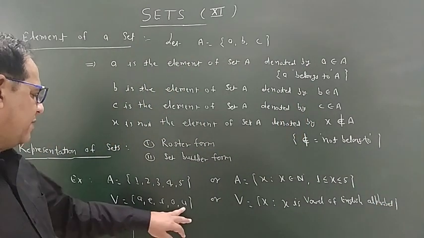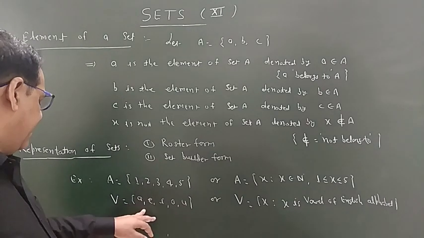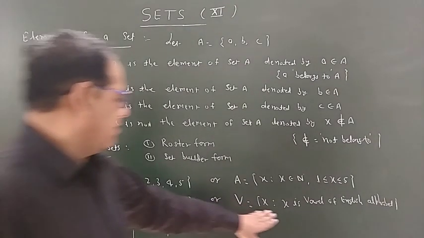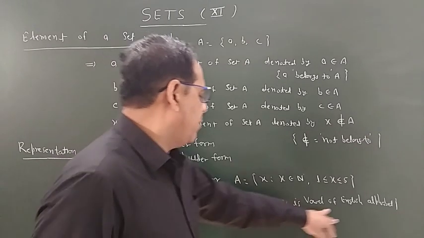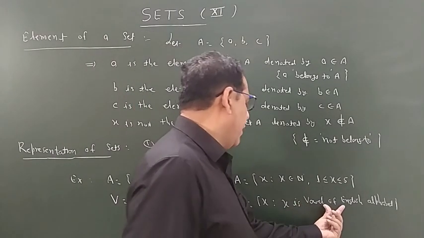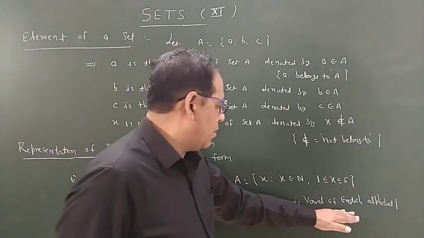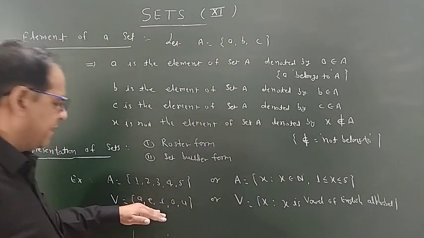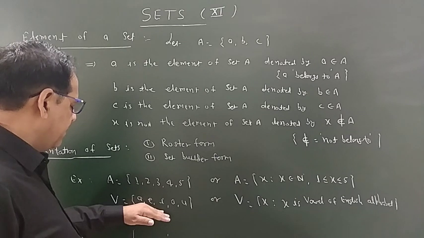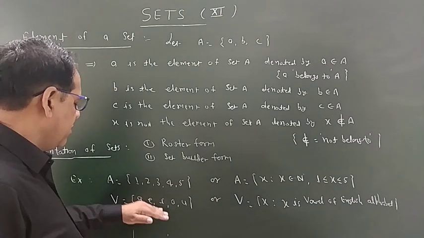Here all the vowels are written separately, but this is the set builder form: x, a vowel of the English alphabet. Clearly, what are the vowels? a, e, i, o, u. So this way of writing is called set builder form, and the other way of writing is called roster or tabular form.